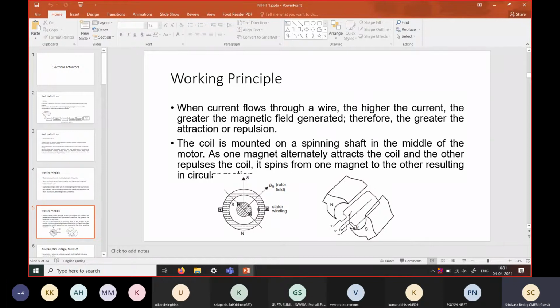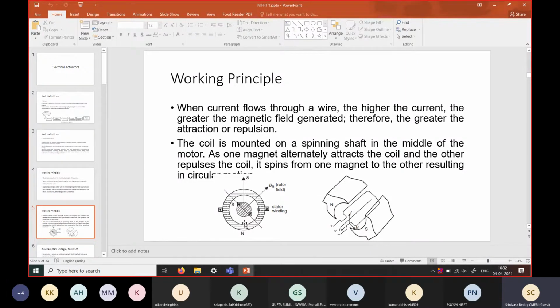Now suppose in the first image S is going to attract N. If the rotor rotates by say 120 degrees anti-clockwise, S and N will align on the vertical axis. At this condition, what happens? The distance between these two poles is at its minimum possible.